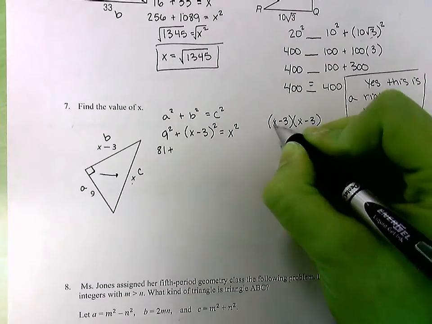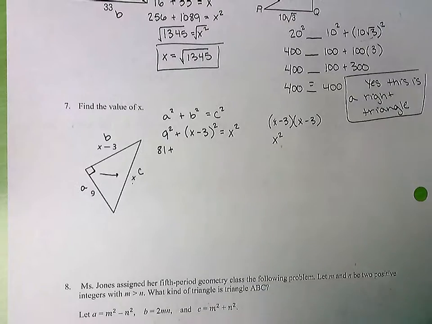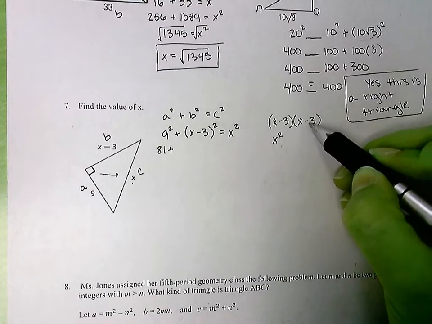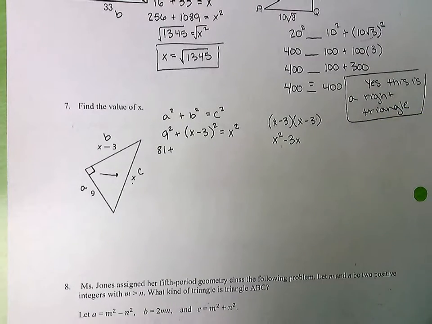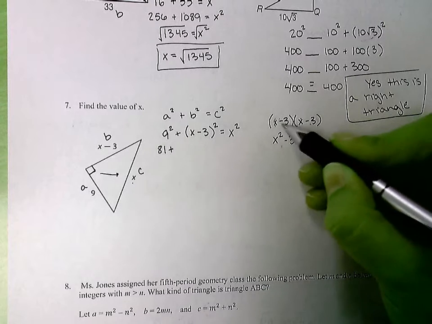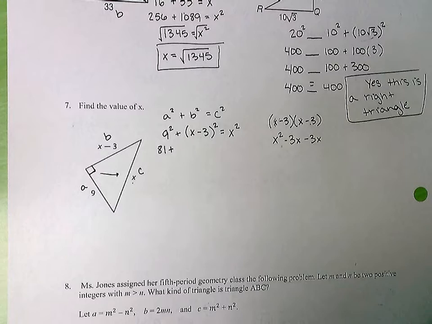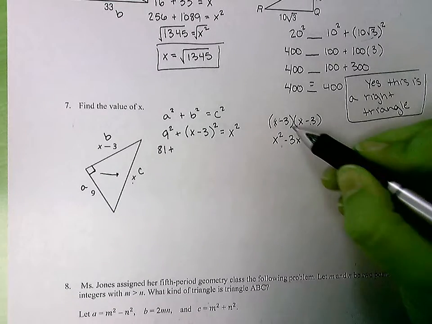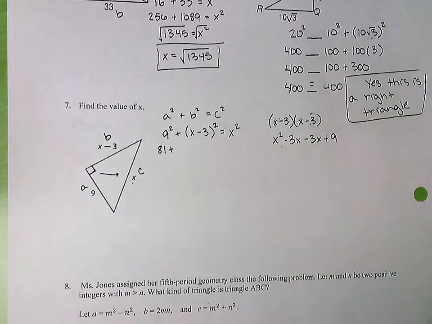So here, multiplying x times x, you get x squared. X times this minus 3 here will be minus 3x. Next we have our inners. So that minus 3 times x, then we get minus 3x. And then negative 3 times negative 3 is positive 9.